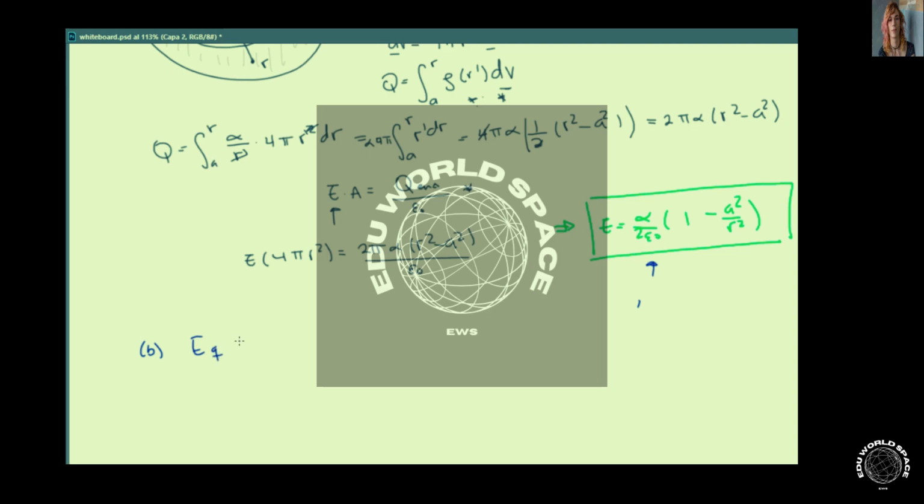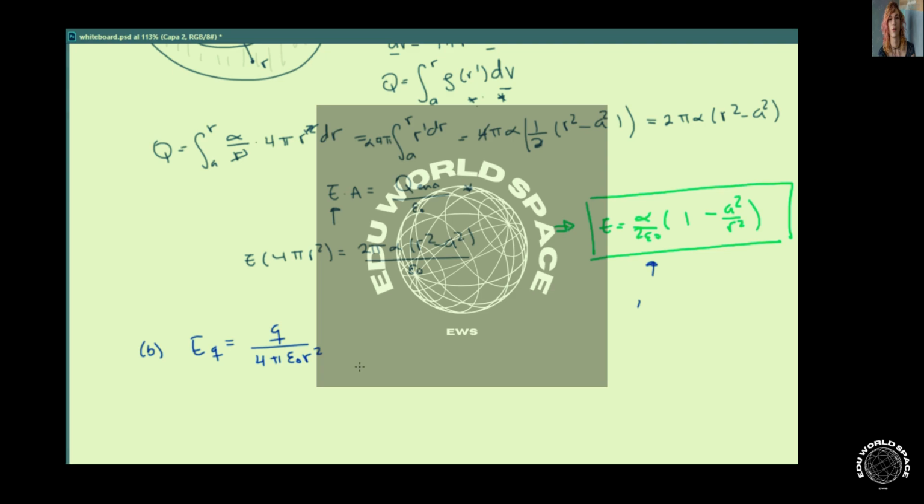The electric field due to a point charge is the value of the charge divided by 4 pi epsilon 0 r squared, where r is the distance from the charge.